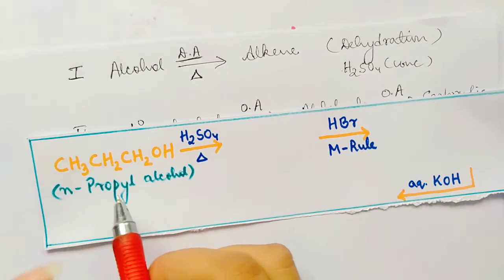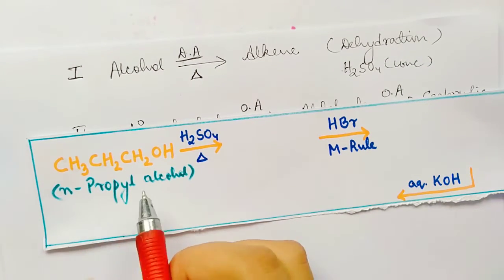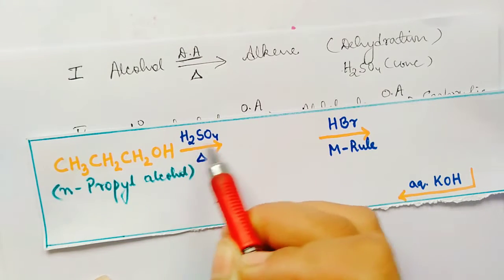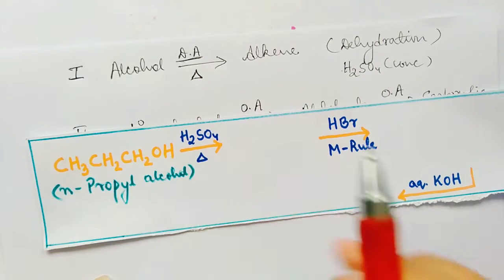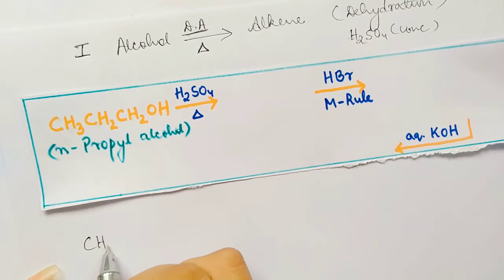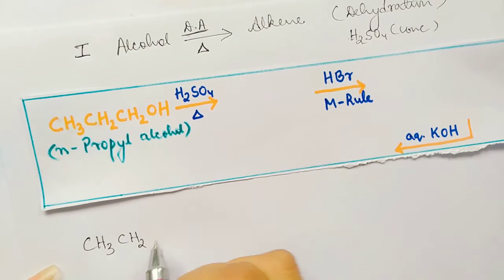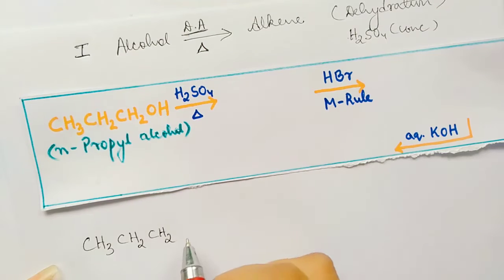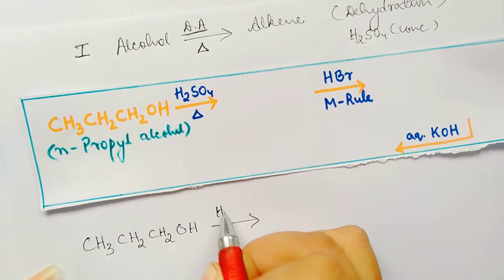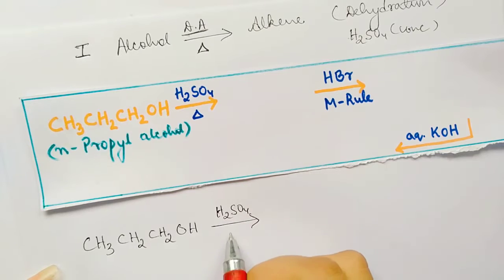Here we have a primary alcohol, n-propyl alcohol, with sulfuric acid. This is a dehydrating agent. Then dehydration takes place, that means there is a loss of a water molecule.